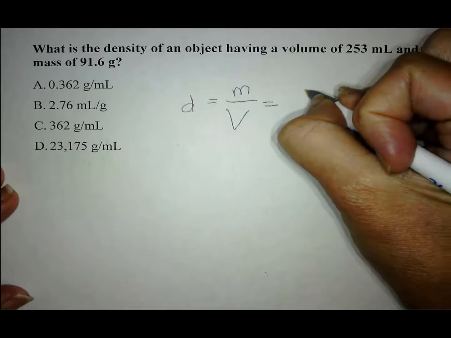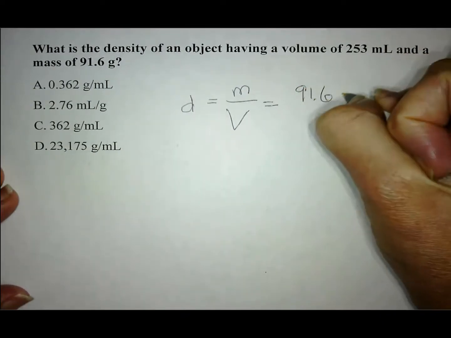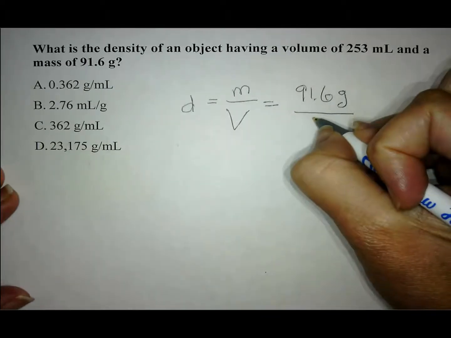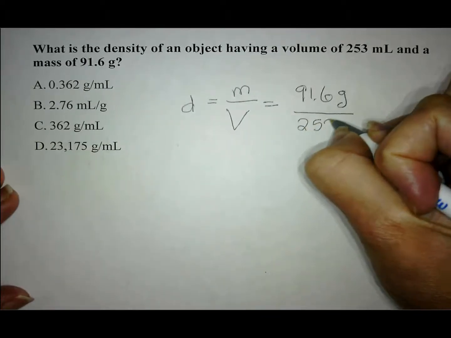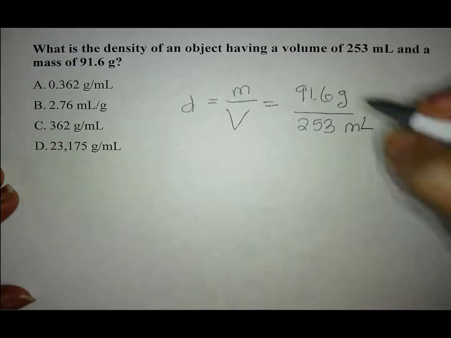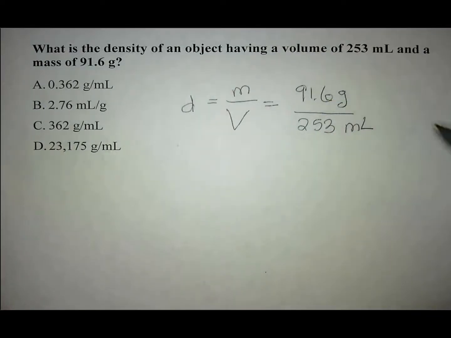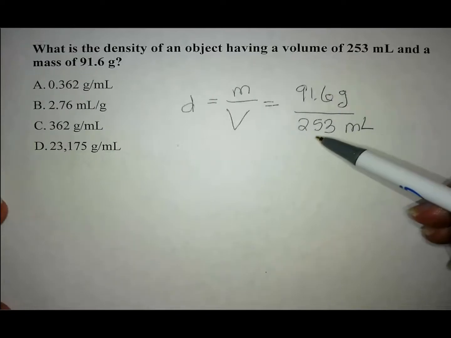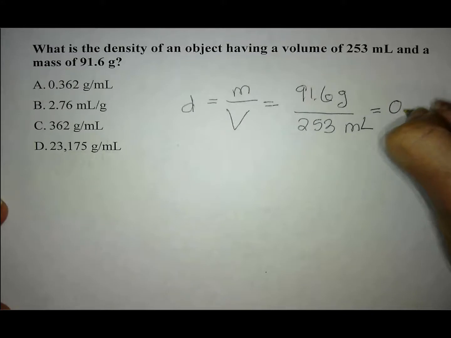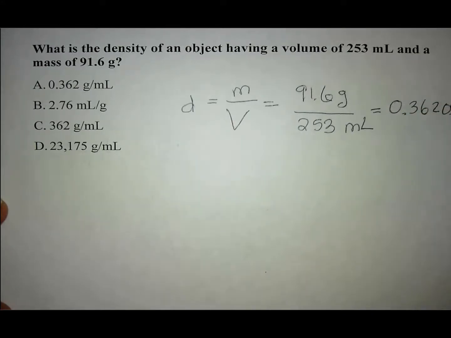We have a mass of 91.6 grams and a volume of 253 milliliters. So to do this problem, we would do 91.6 divided by 253, and we would come out with 0.362055.